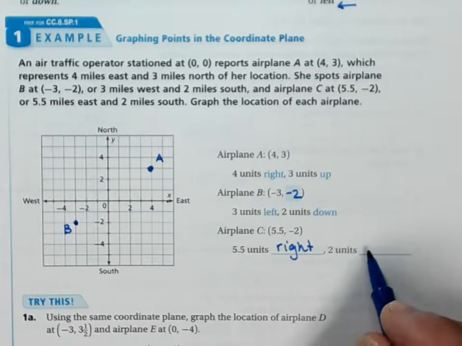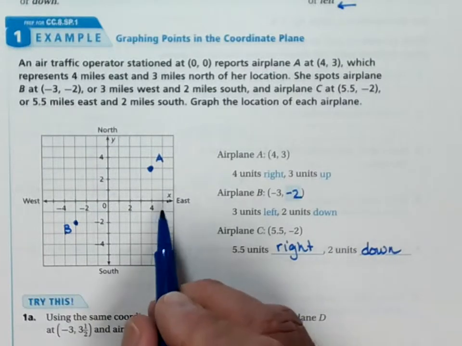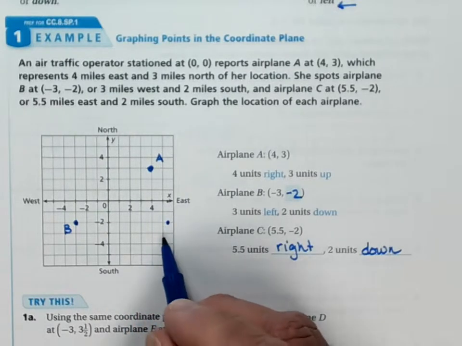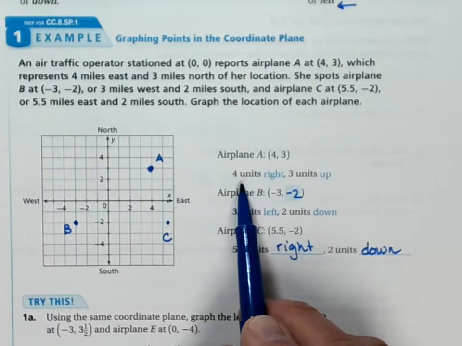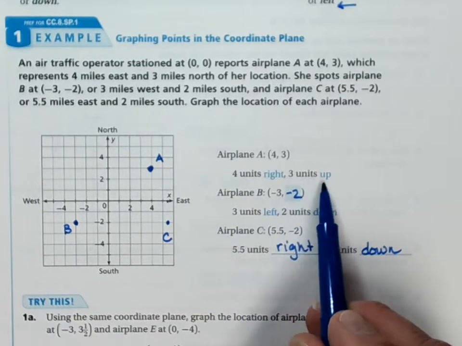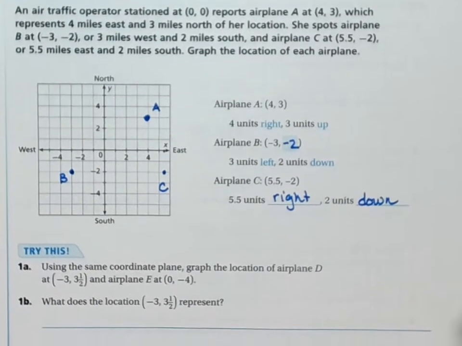So it's going to be a down. And there you go. Remember, everything we did was X first, right, left, right. Then Y was second. Up, down, down.